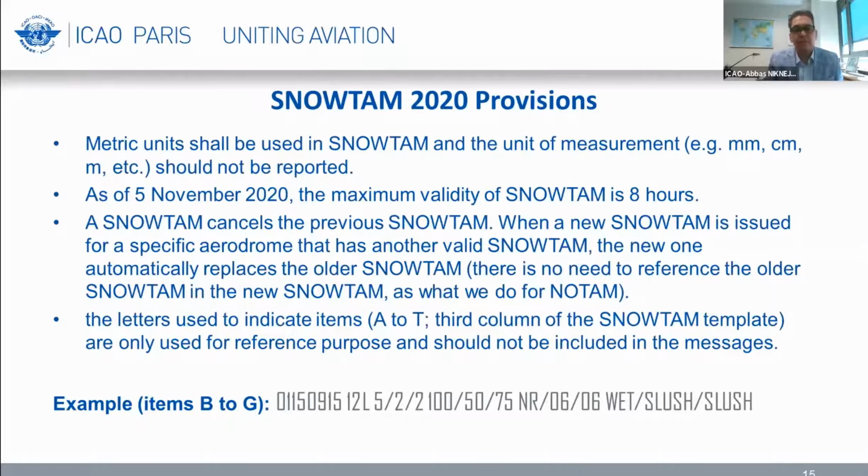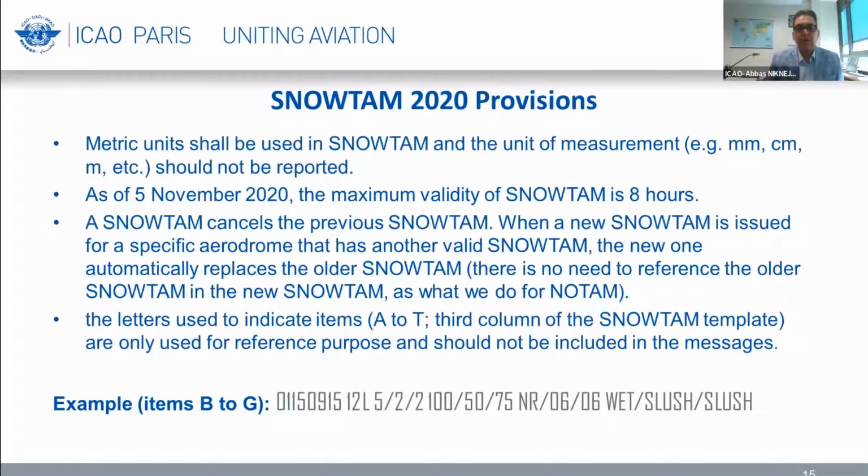As of 5 November 2020, the validity of a Snowtam would be 8 hours. If after 8 hours of a previous Snowtam no Snowtam is issued for a specific airport, it means that there is no more significant phenomena on the runway and the runway is completely clear.